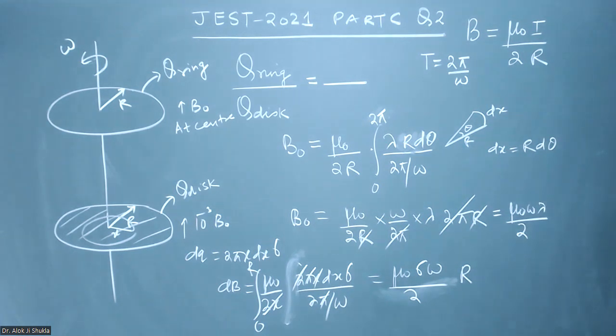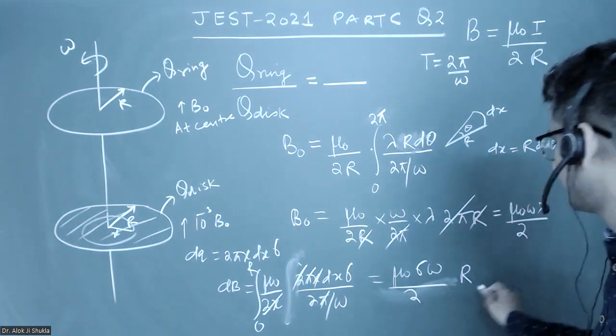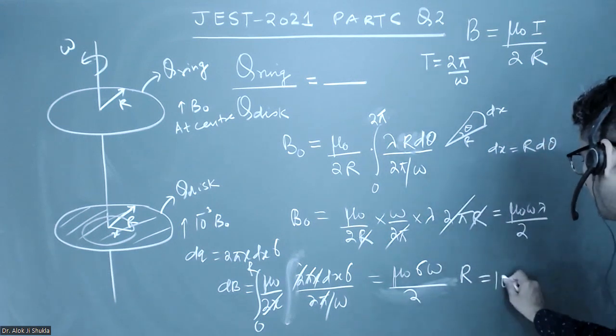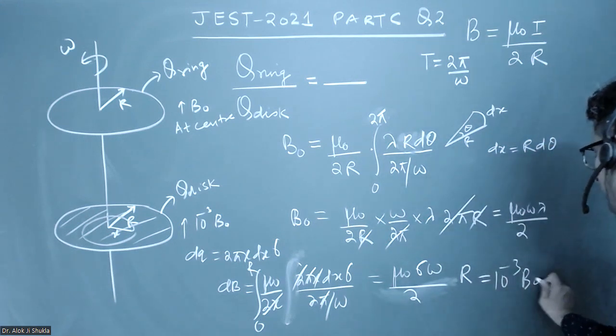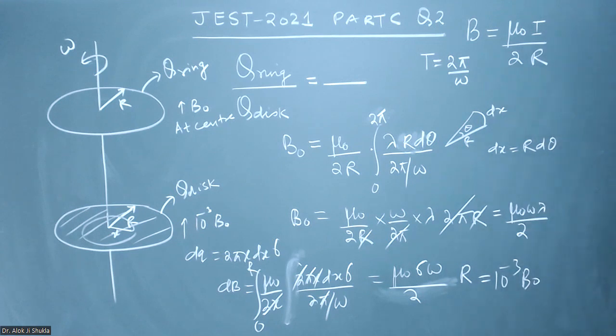This magnetic field is given to be 10 to the power minus 3 B naught. Now you have the value of B naught, and you should substitute it here.